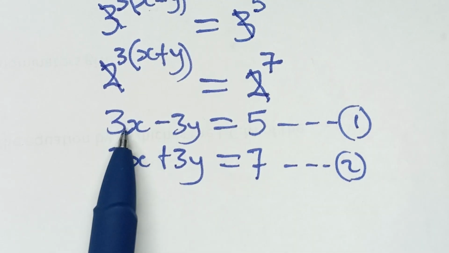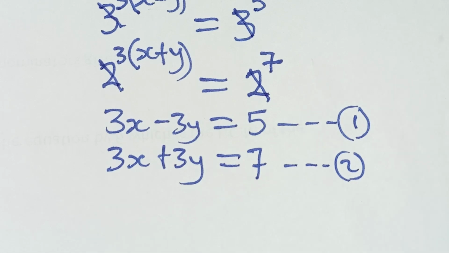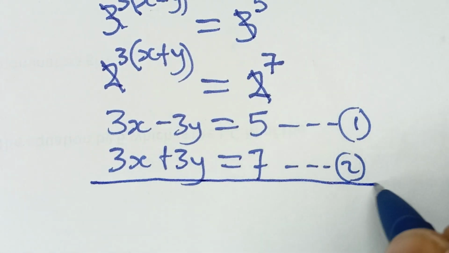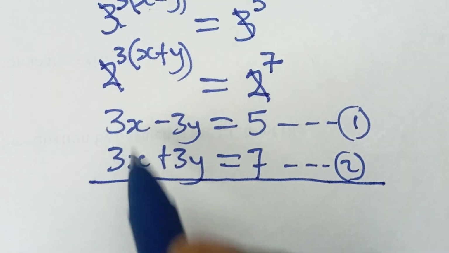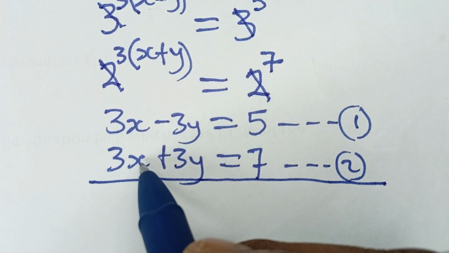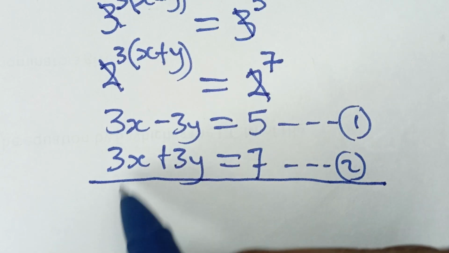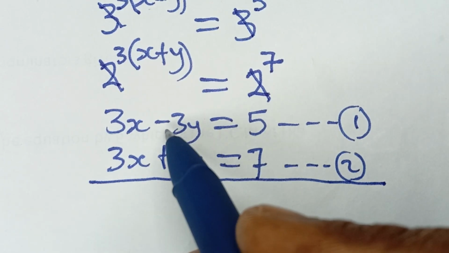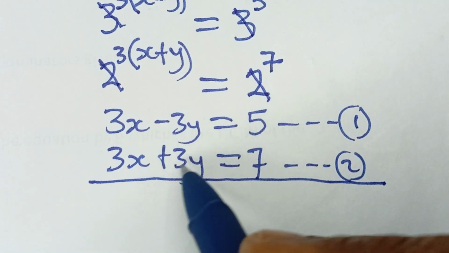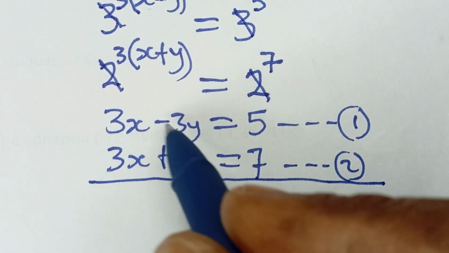So I'm going to say 3x minus 3x will give us 0. So that means we have eliminated x already. So that means we are subtracting in order to eliminate x. So 3x minus 3x is already 0. So x is eliminated. Then now I'm going to say negative 3y minus positive 3y. Don't forget, this is negative.